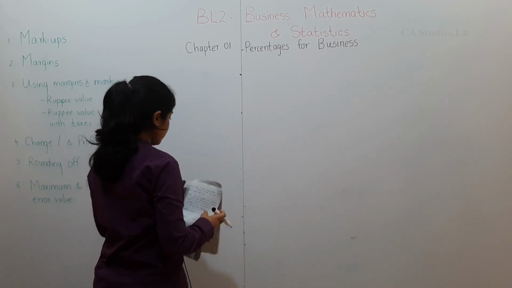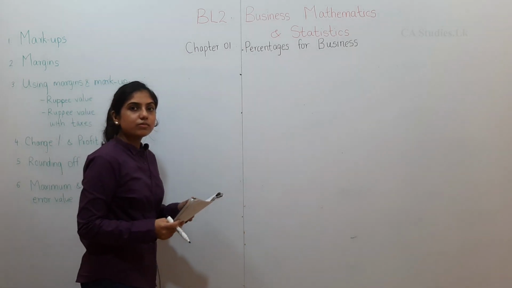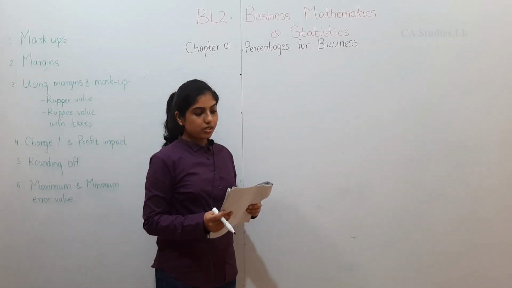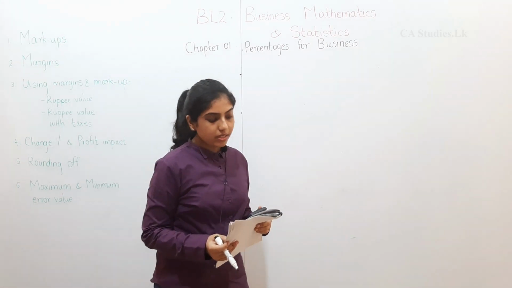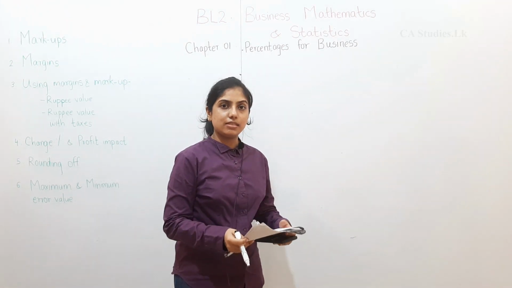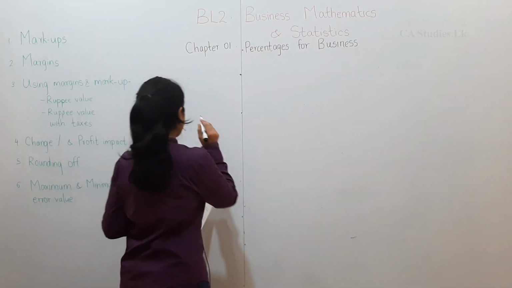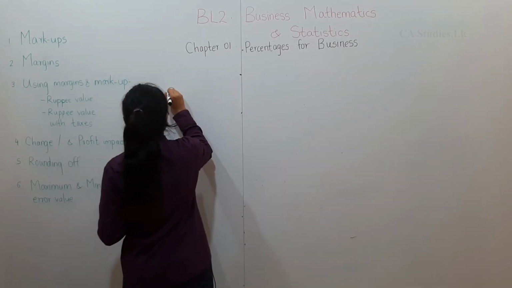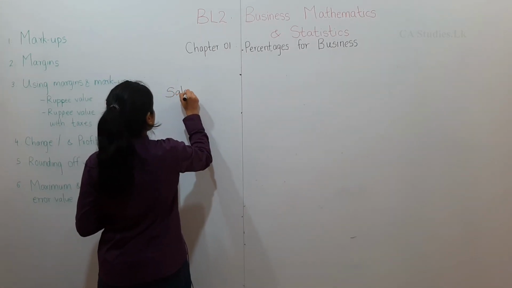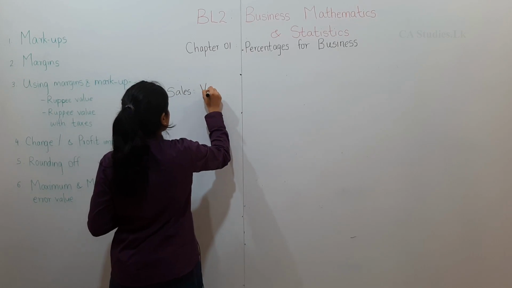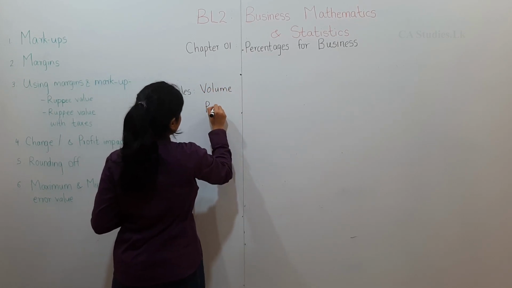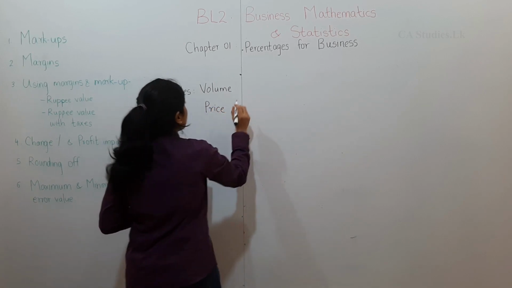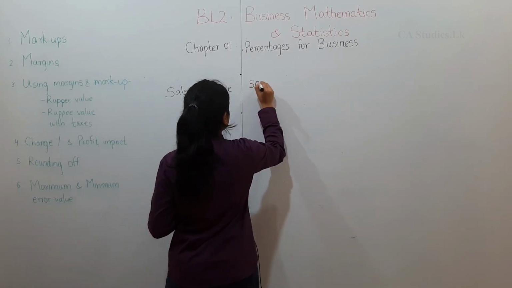If you read the question, a chemical producer plans to sell 50,000 liters to the nearest 1,000 liters. So, he plans to sell, sales volume. It has volume and price. The volume is always 50,000 liters.